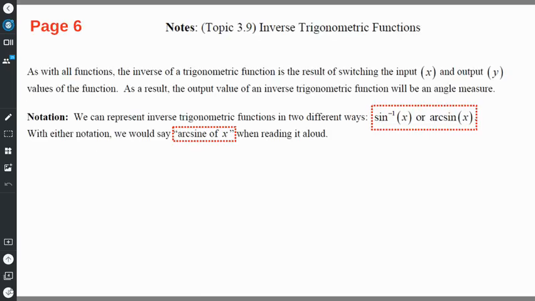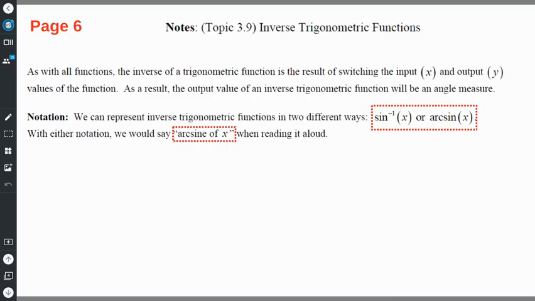So, like I said, page 6, there are 2 different ways to notate inverse trig functions. I'm going to use sine for now. We can use that -1 as the exponent. Remember, it's not an exponent, it's just a notation. Inverse sine or arc sine. Regardless, both of them can be read as arc sine.